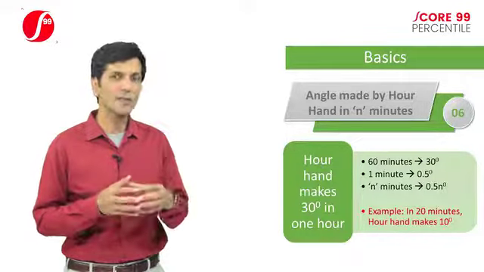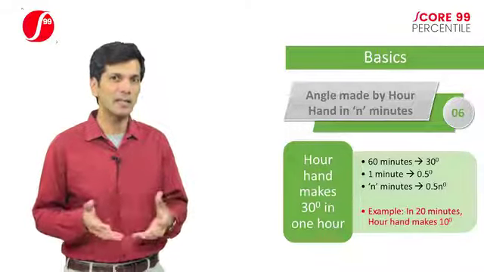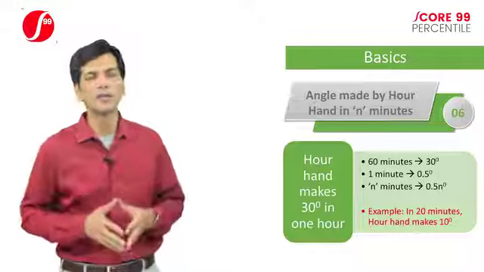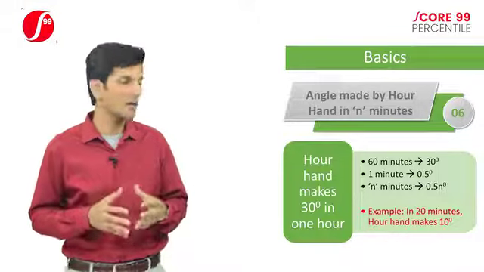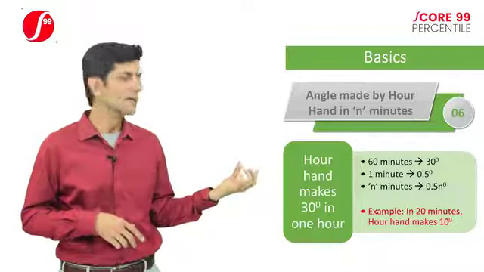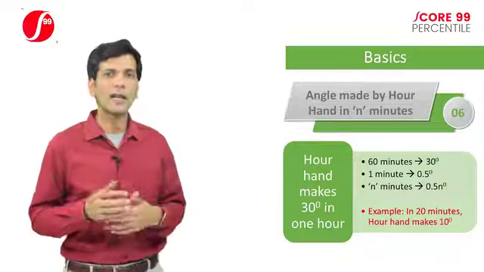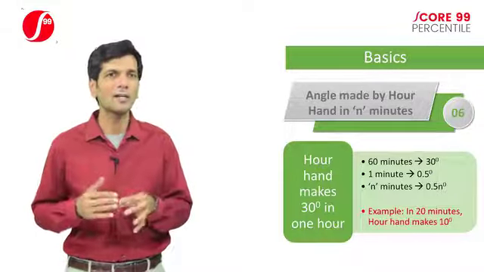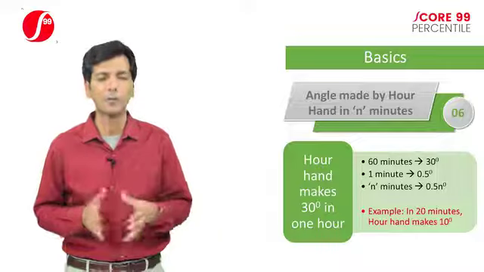So if your reference minutes is n minutes, let's say, then in n minutes the hour hand has moved by 0.5n. This is a very, very crucial point, because this value is something that you might have to add or subtract to your reference angle when you calculate the angle between the hands of the watch. So this is how you relate minute hand, hour hand and the angle, all three in one go.